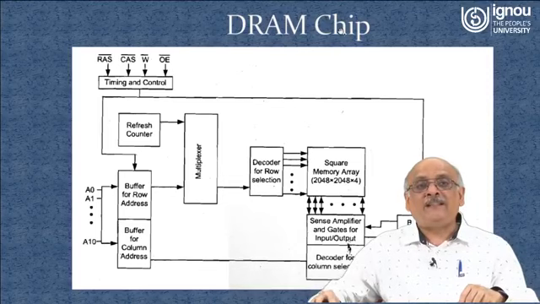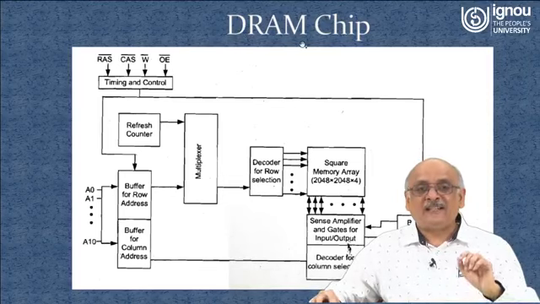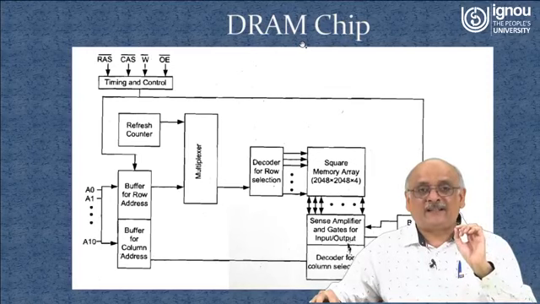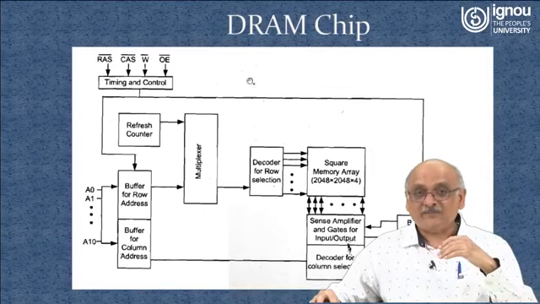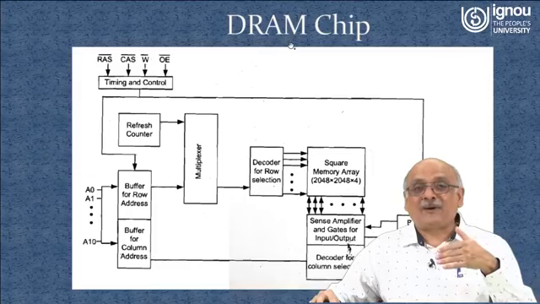Now, the problem with the DRAM chip is that the electronics in it is slightly cheaper. The cheaper electronics results in one particular problem with the DRAM chip, and most of you must have read this: after a while the DRAM chip has to be refreshed.